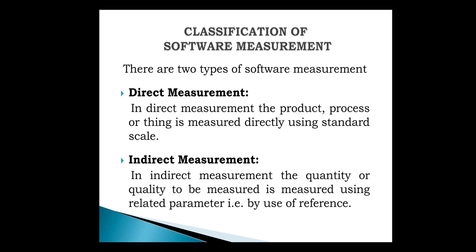Suppose you want to measure kilometer per hour, you need to run a particular car or bike for a certain amount of time, then you will get the measurement, kilometer per hour, or kilometer per liter. So it is called indirect measurement.